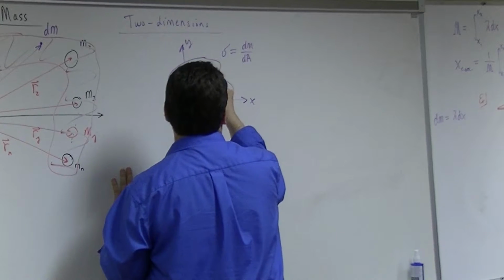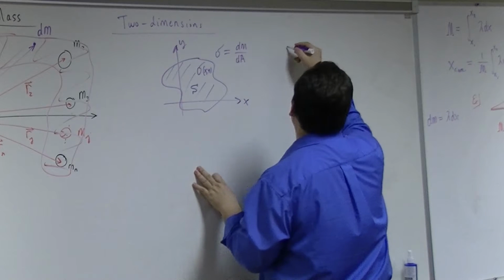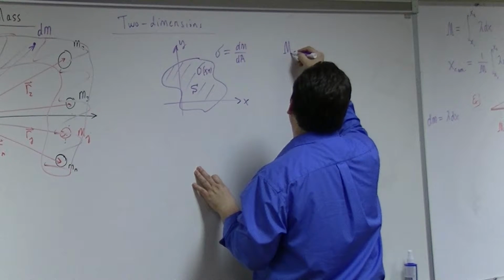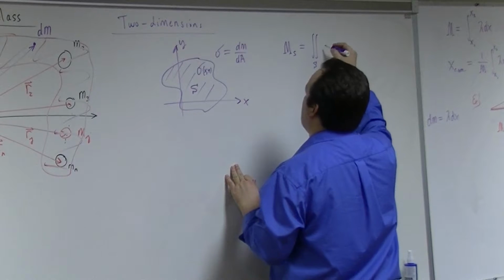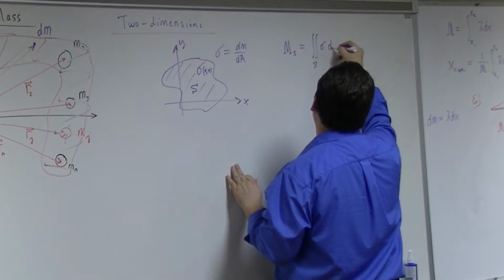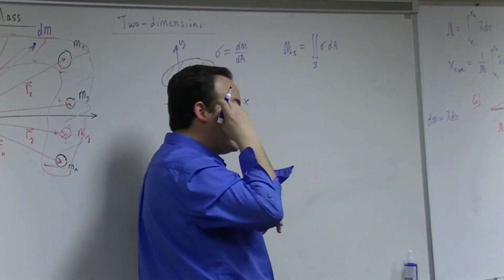Let me call it mass. So the mass of S is equal to the double integral over S of sigma dA, where this is a double integral, as you might learn about in Calculus 3.